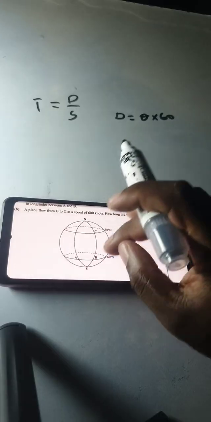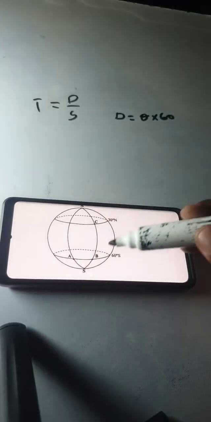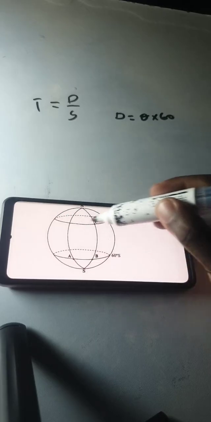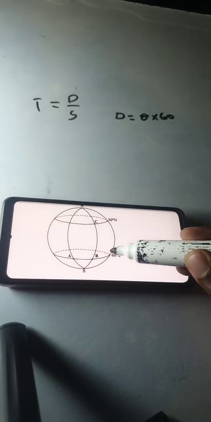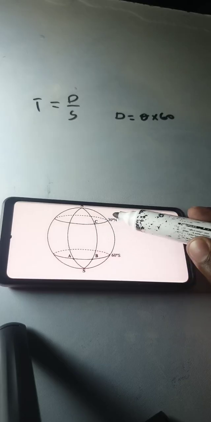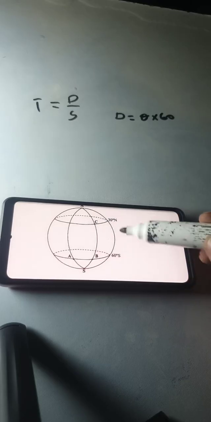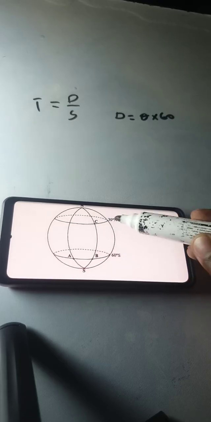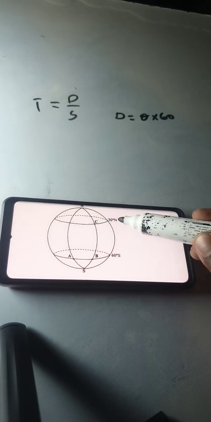Where is the theta coming from? This theta comes from the difference in latitude between B and C. B is at 60 degrees south and C is at 30 degrees north. They are in different hemispheres, southern and northern, so we add them.